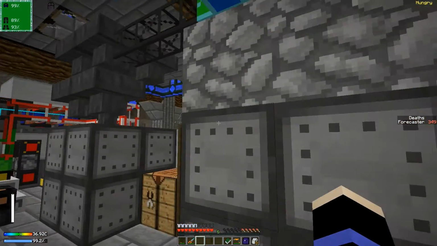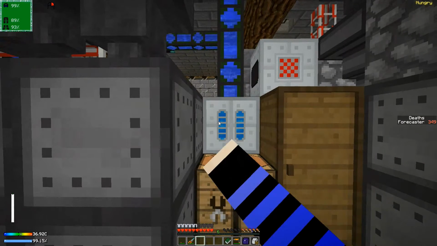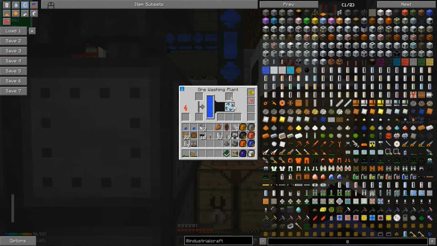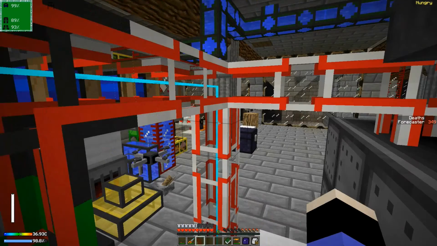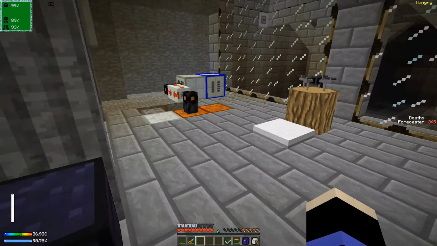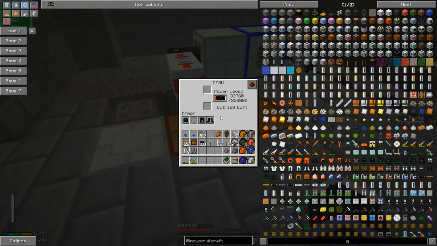Let's see how things are doing over here. These machines are running. The power is keeping up still, which essentially means that we still have a buffer over here.